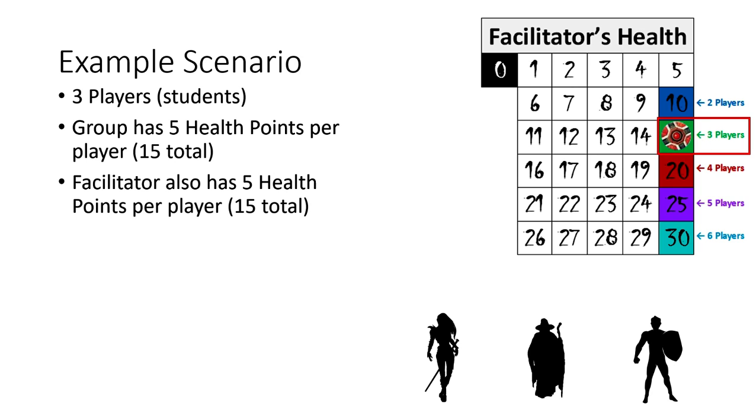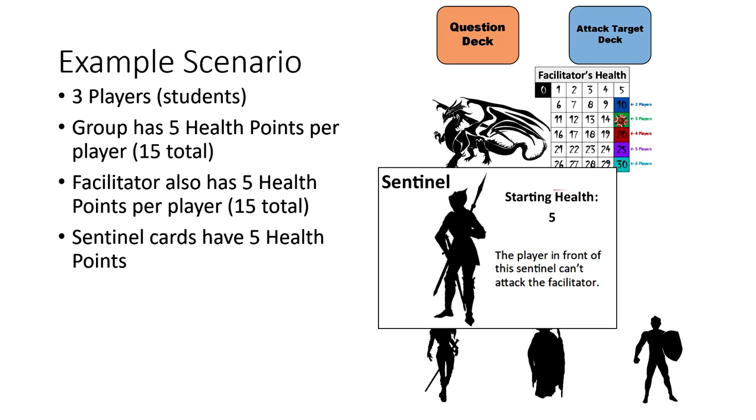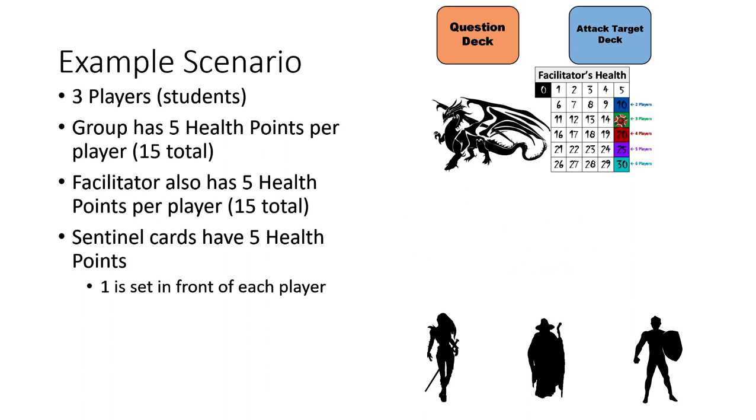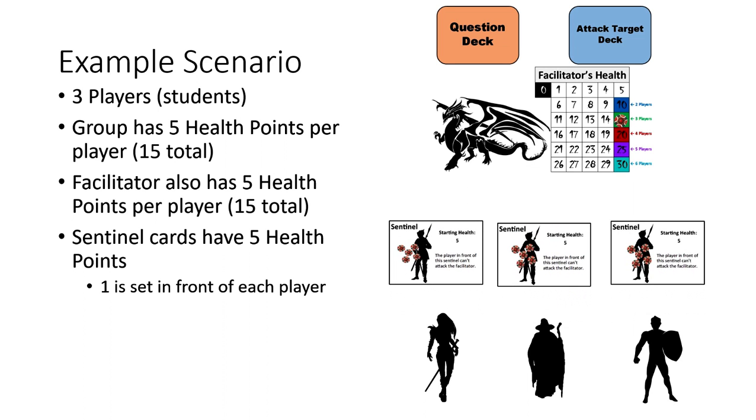The facilitator also has that sliding scale, and in this case, they're starting off with 5 health points per player, so 15 life for the facilitator as well. Sentinel cards, in this case, have 5 health as well, and they're placed in front of each player, so that they are in between the player and the facilitator.